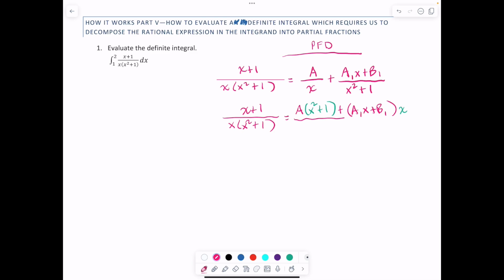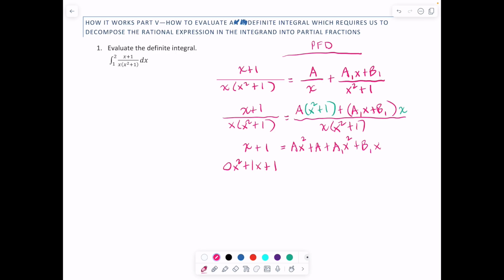Now we have the common denominator, which is x times x squared plus 1.